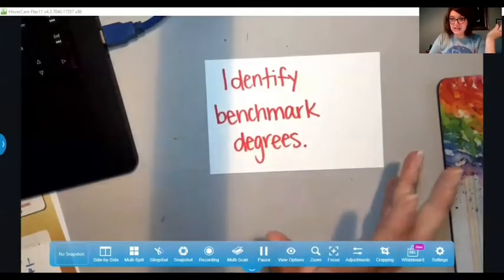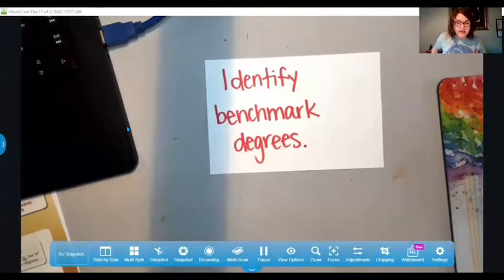And so we're going to start from there. I'm going to share my screen the right way this time. When we look at identifying benchmark degrees, we want to make sure that we understand what a degree is.